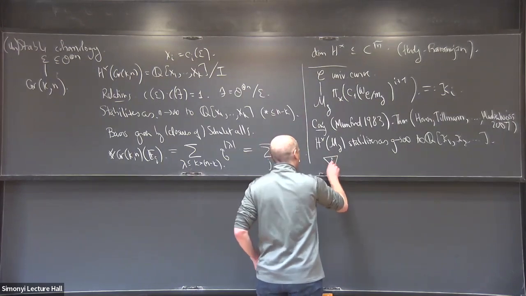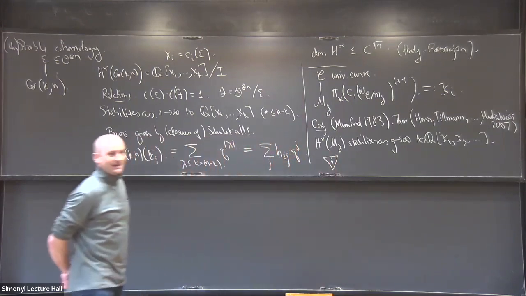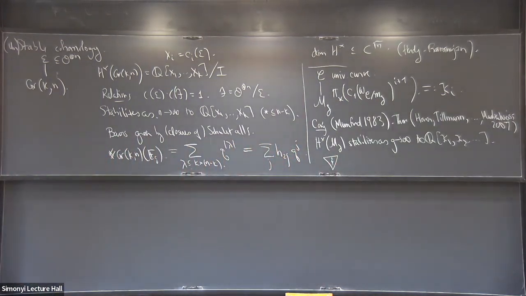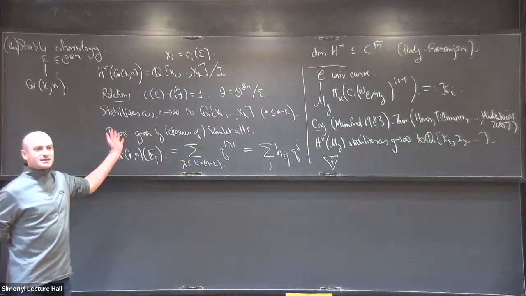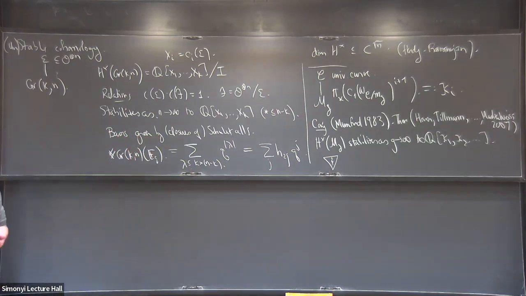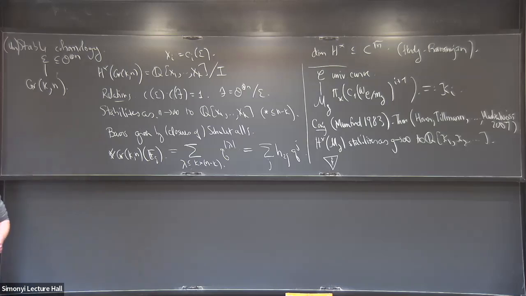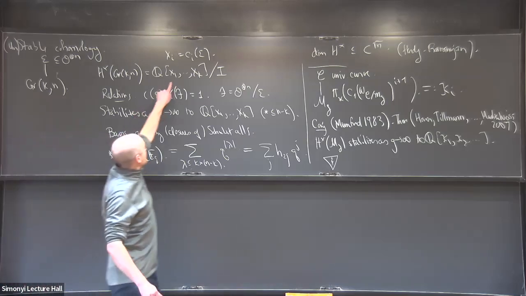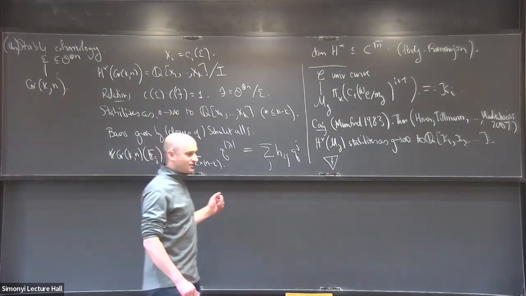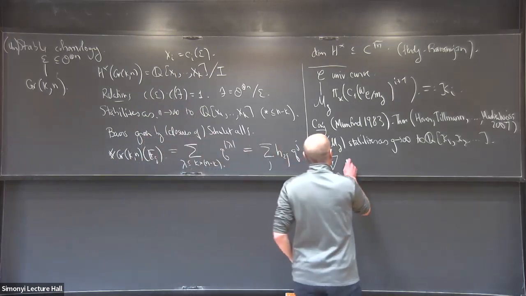And now a word of caution is in order here. So in both cases, and in general with stabilization of cohomology, there's a map from the stable cohomology ring to the cohomology ring. And for the Grassmannian, it's surjective. So the cohomology was generated by the classes that generate the stable cohomology.